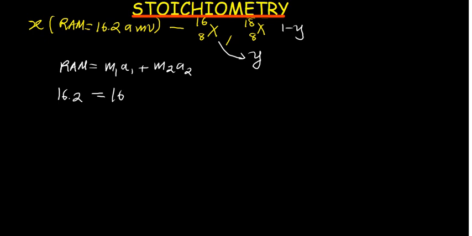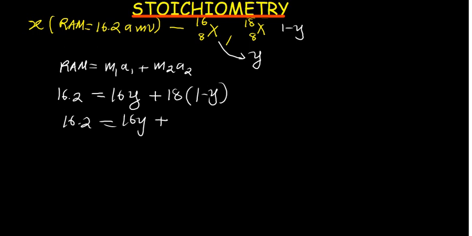All right. So now this mass 16 is related to the percentage abundance Y, so I'm going to multiply 16 by Y. If you swap them, then you are wrong. And then the second mass, that is 18, and its abundance is 1 minus Y. Our aim is to find the value of Y. So this is going to be 16.2 equals 16Y, plus 18 times 1, that is 18, and 18 times negative Y, that is negative 18Y.